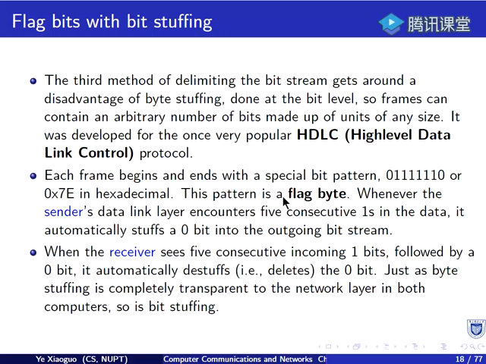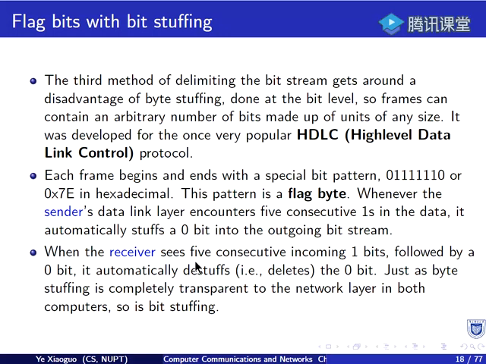This pattern is a flag byte. Whenever the sender's data link layer encounters 5 consecutive ones in the data, it automatically stuffs a 0 bit into the outgoing bit stream. That is the mechanism of flag bits with bit stuffing.